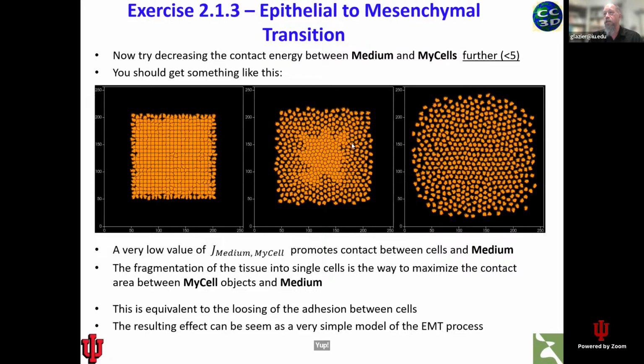So when you make the value less than 5, the cells stick to medium more than to each other, and they spread out. And that's a simple model of epithelial to mesenchymal transition. You've got a tissue that's become less cohesive to itself, or potentially more cohesive to medium, and the cells have spread out.